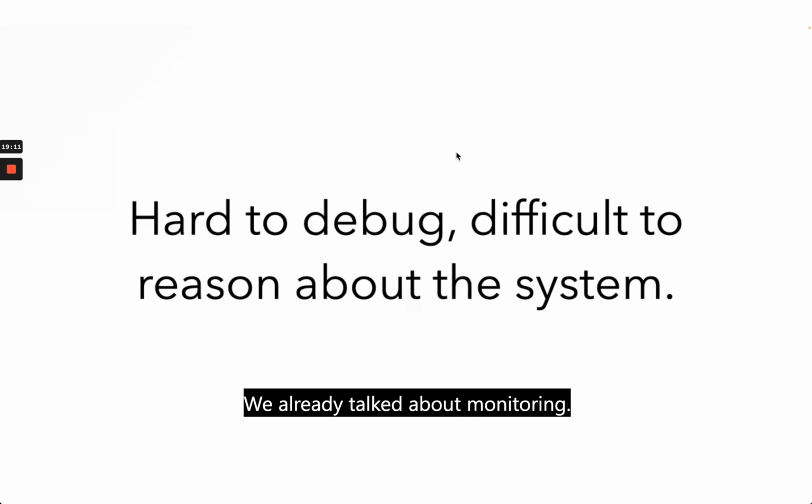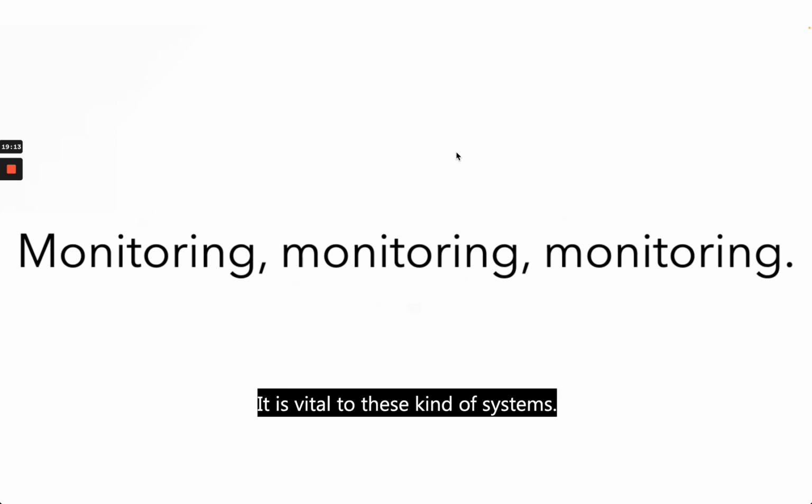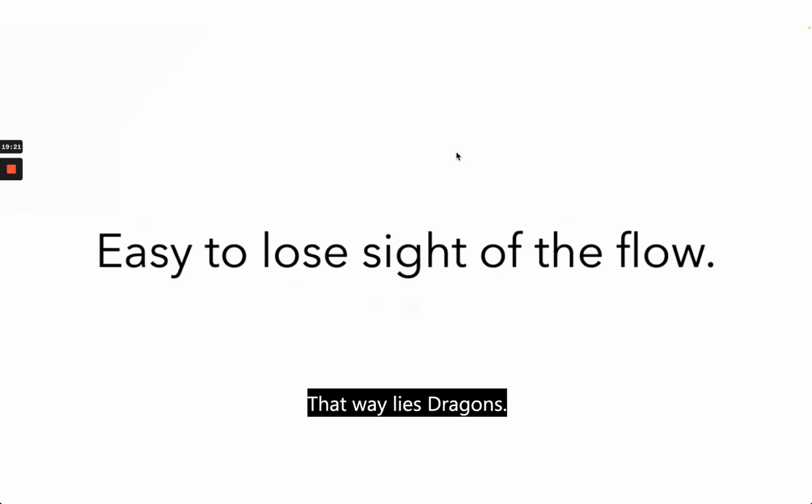We already talked about monitoring. It is vital to these kinds of systems. You absolutely have to have your observability story straight, or that way lies dragons. It's very easy to lose sight of the actual flow of the application and what happens when a new customer signs up, what happens when an order is placed, what happens when an order is shipped.